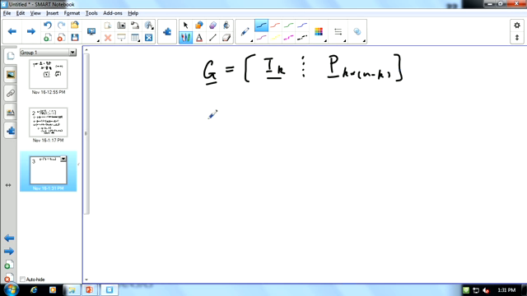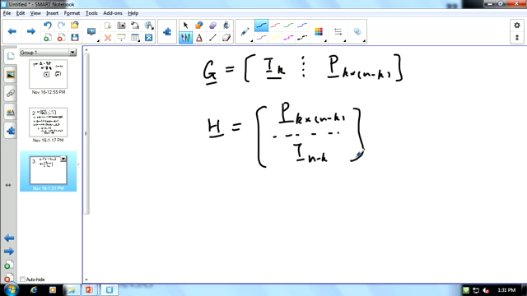And we can shuffle this matrix and manipulate the locations, and we can have a parity check matrix where we put P on top, and on the bottom we have an identity matrix that is of size n minus k. So if you look at this matrix, its size is n by n minus k.